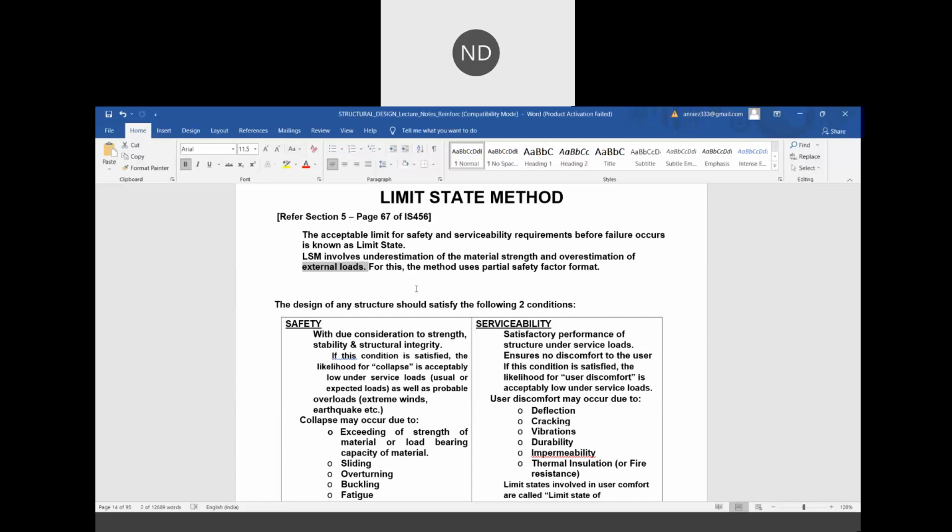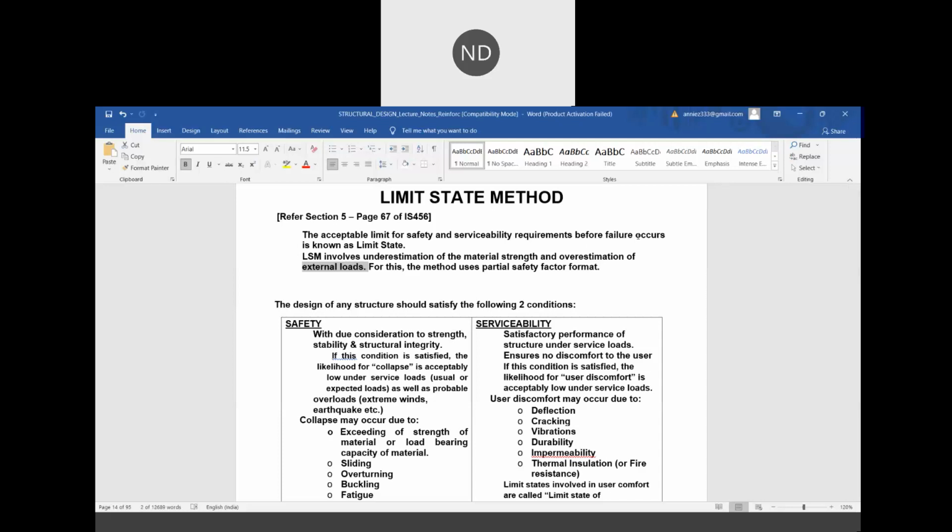Then again, if we consider more load for designing, obviously our structure will be safe, because the maximum load which you take for your design, that is for your serviceability. Suppose you are constructing your building for 50 years.